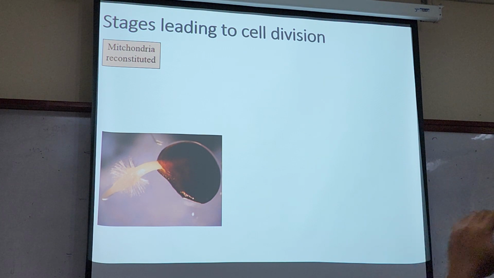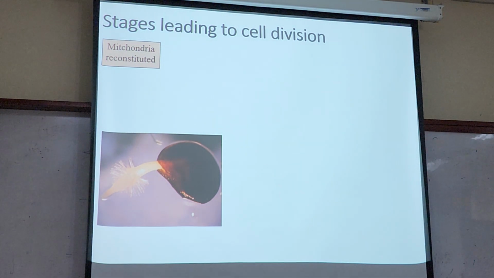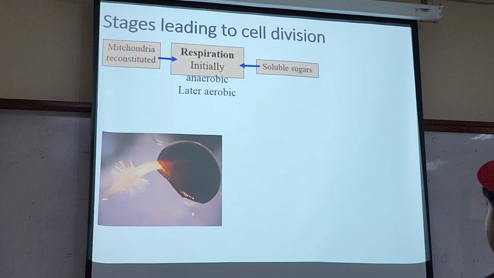So what's going to happen? The mitochondria are going to get reconstituted, meaning that the mitochondria were actually underdeveloped or immature. When the signal comes about, they are awakened, then the mitochondria mature or are reconstituted to do the job. Then what's going to happen?